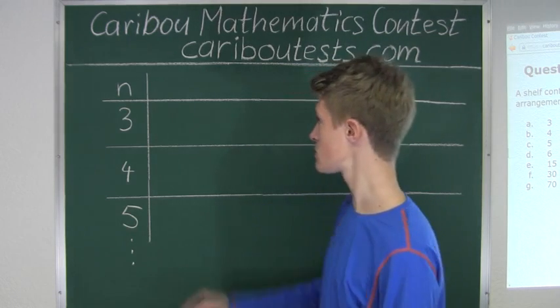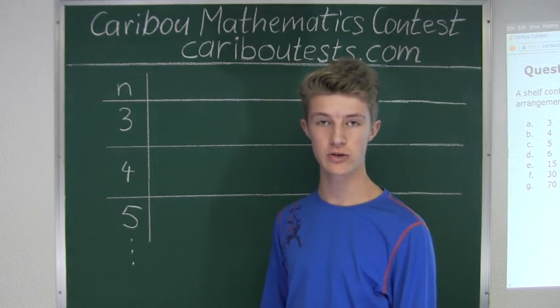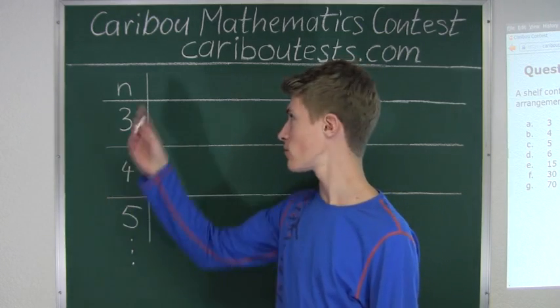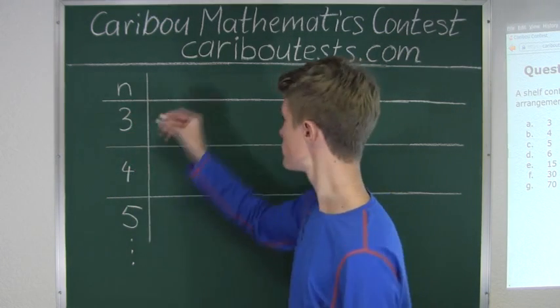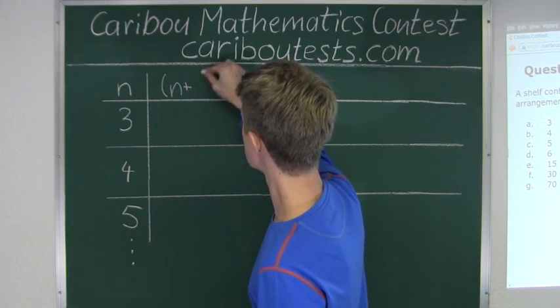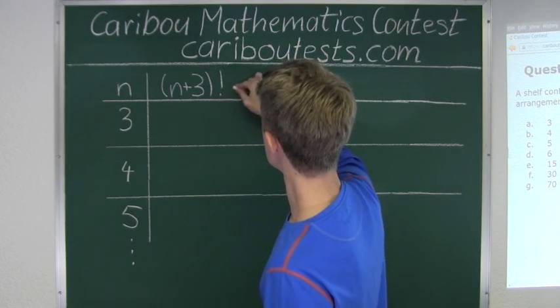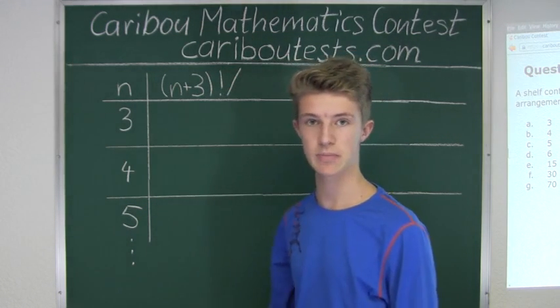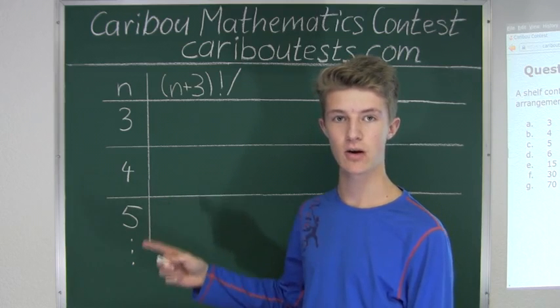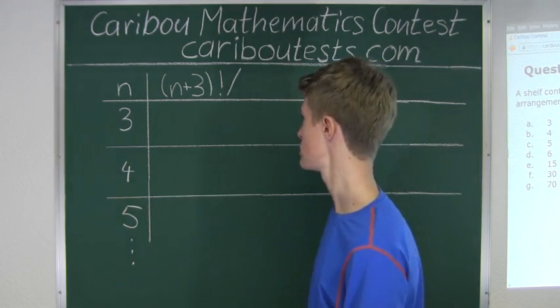So what we want is n plus 3, because n is the number of books originally there, and then, of course, n plus 3 factorial. And we will have to divide this by n factorial, because we only want the factor of increase and not the original permutations.